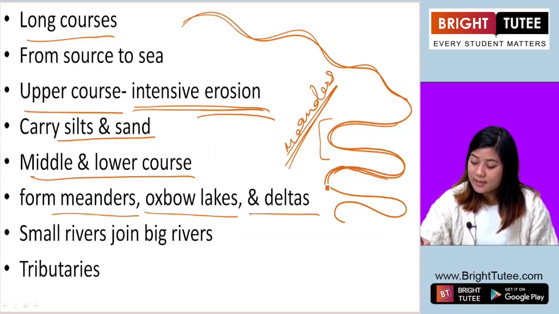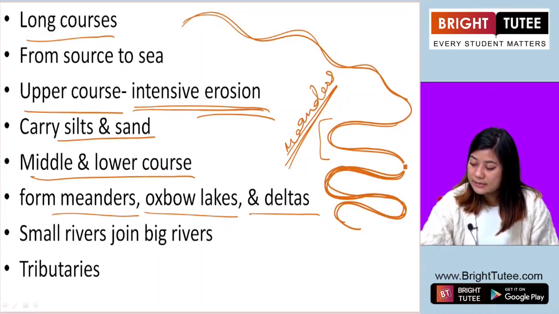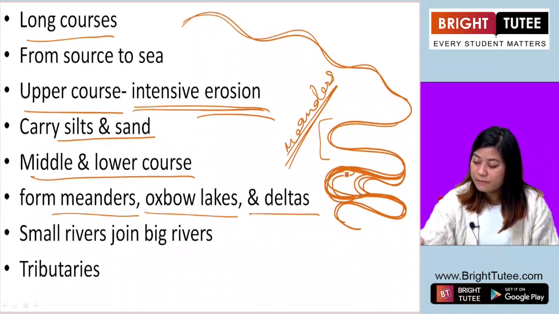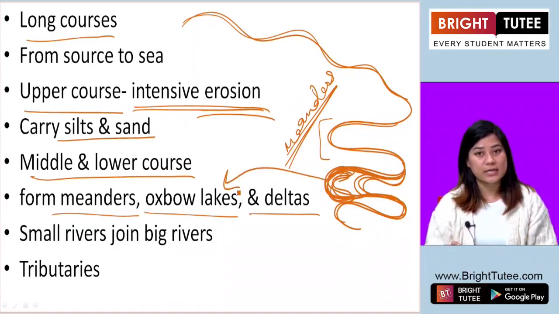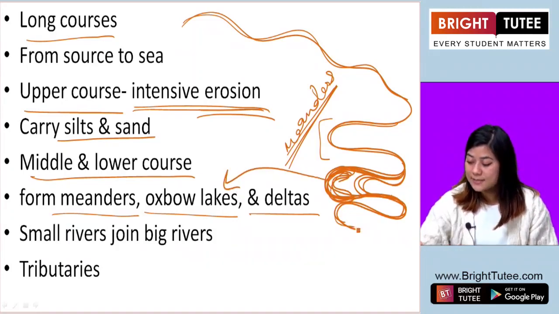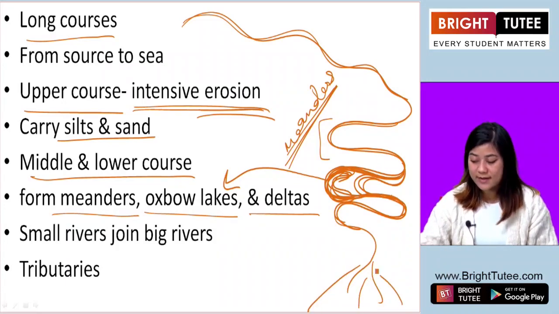So as they flow, sometimes they flow in such formations that slowly the water joins, and they form the remaining water here. They form like a lake, and this is called an oxbow lake. And as they drain, they drain into various channels.